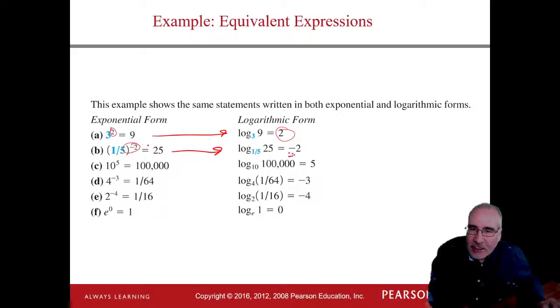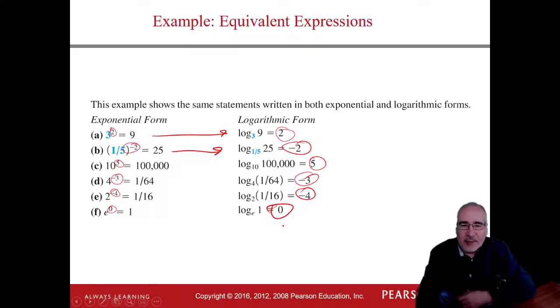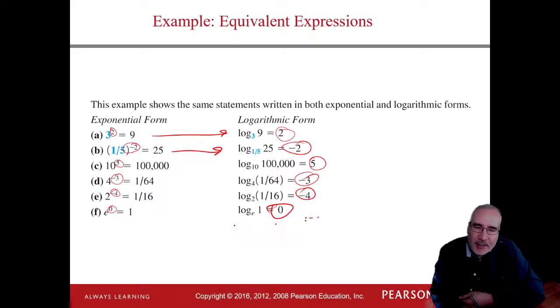So notice the exponent becomes the answer. The exponent is the answer. Okay, so a log is saying, what is the exponent that I put on the base that gives me this?